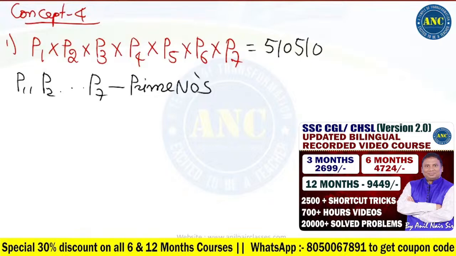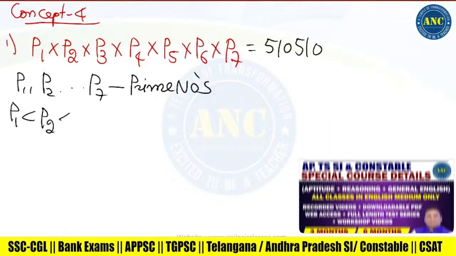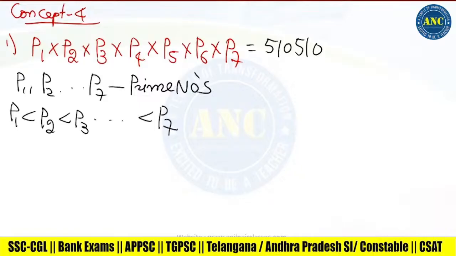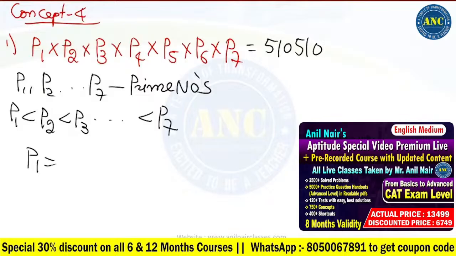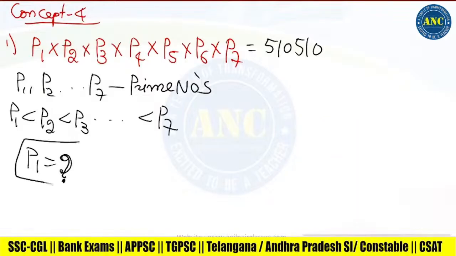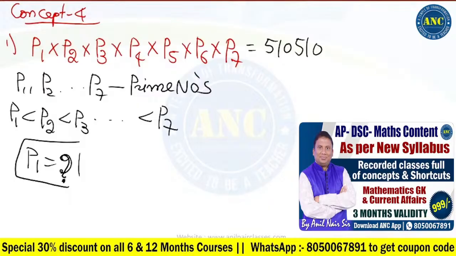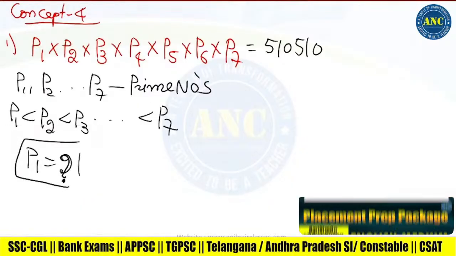If the question is P1 less than P2 less than P3 and so on up to less than P7, find the value of P1. We will determine all the values of P1 to P7 so that you will understand the various divisibility rules.